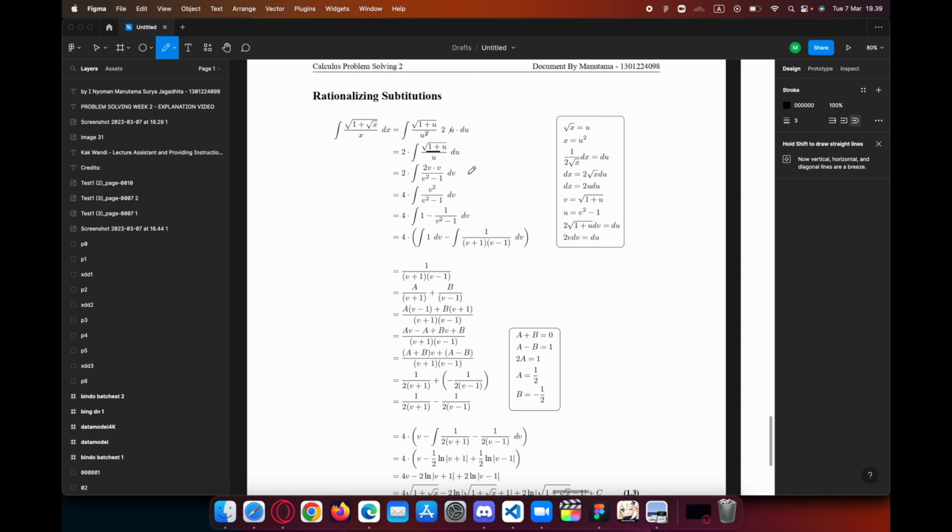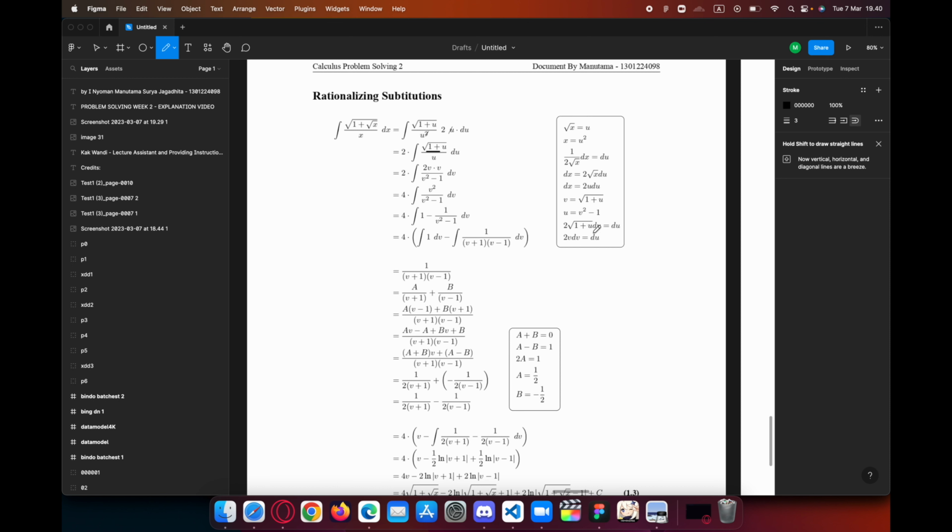Substituting those here, the square root becomes phi, and u becomes phi squared minus 1.